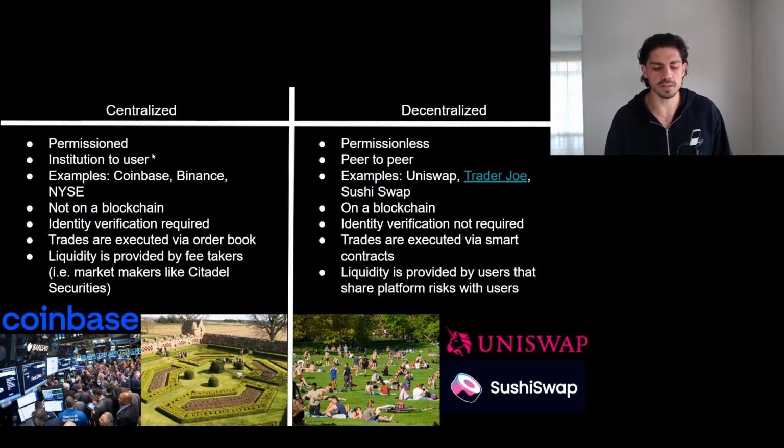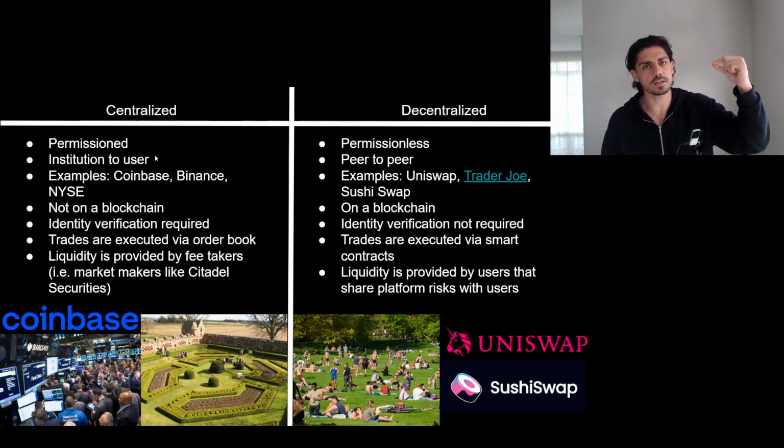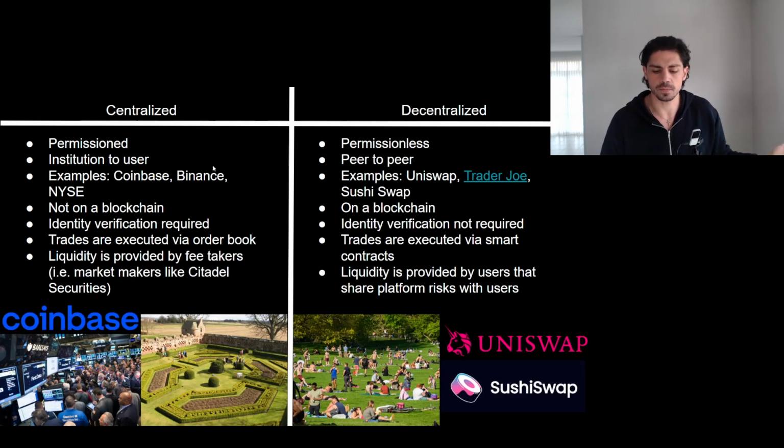Now, another way to think about this is there's a hierarchy, right? There's an institution, and the user is requesting transactions, right? Institution to user or user to institution, where a user requests the institution to do the following tasks so that they can receive X or Y thing, versus decentralized, which is completely peer-to-peer, and we'll get into how that technically works later.